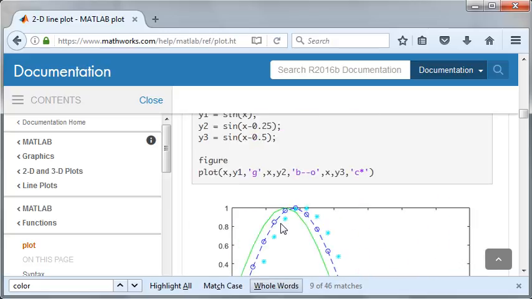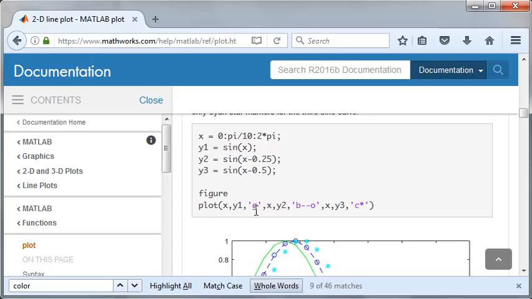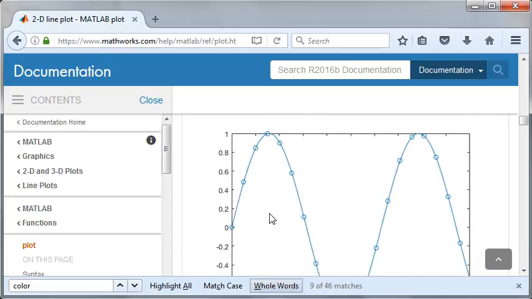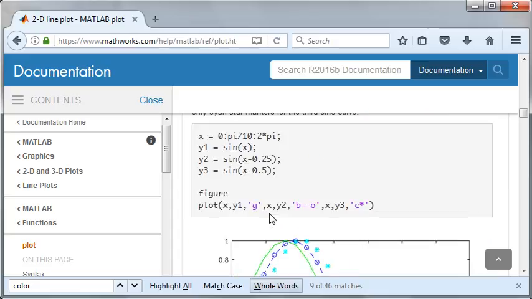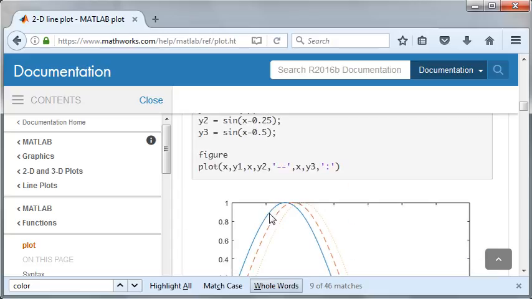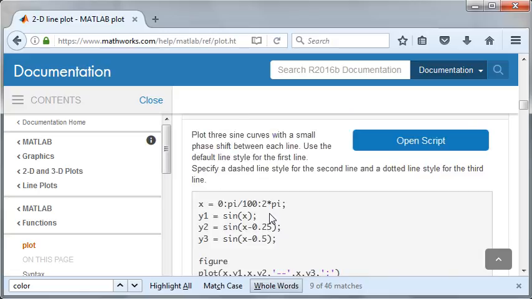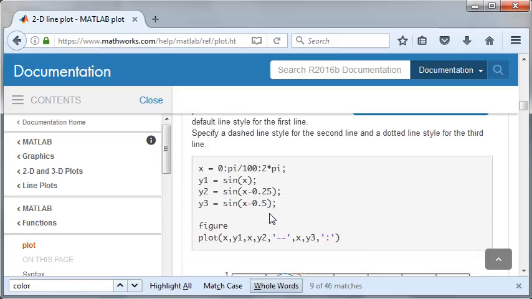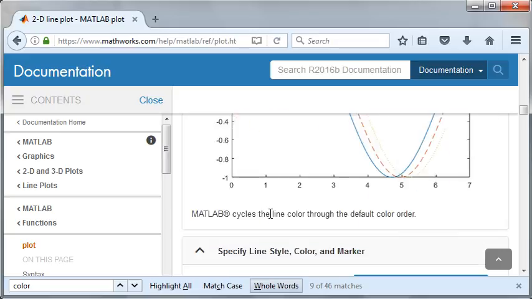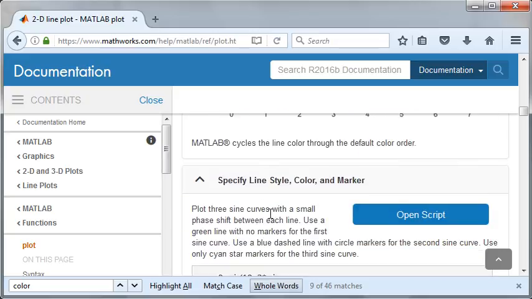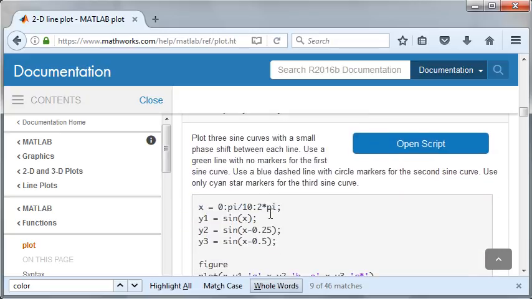Okay, it looks like the first one is green, and they used a C for green. Specify line style is what we're doing. Line style, color, and marker.